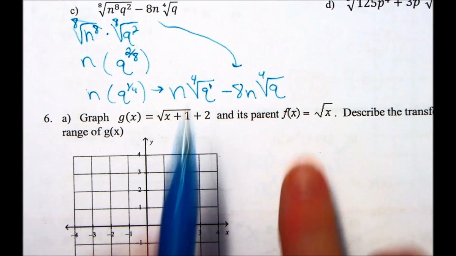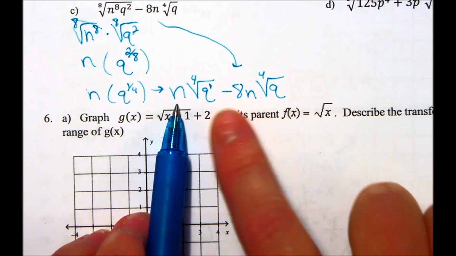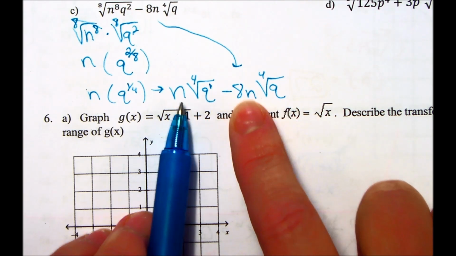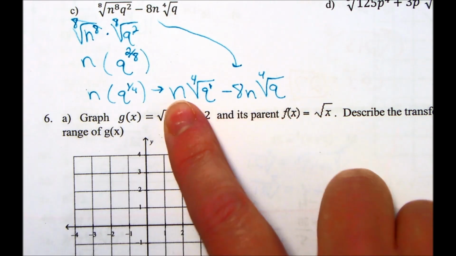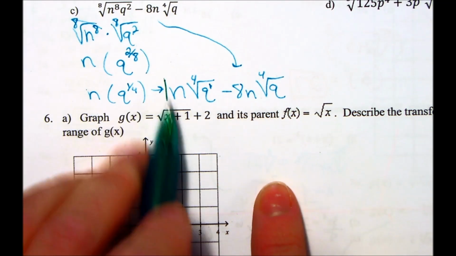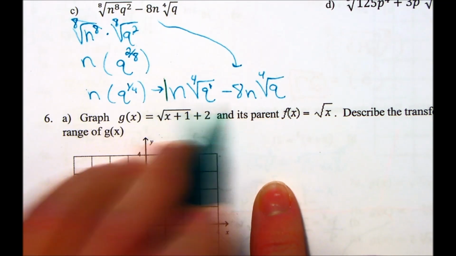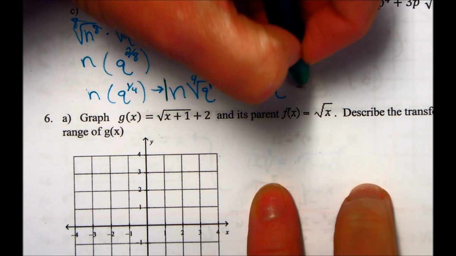All right, so let's look at what we have now. We have two terms with a fourth root of q in it, and then we have an n and we have a minus 8n. So these are like radicals. This n here basically has a coefficient of 1. So if you have 1n minus 8n, you're going to get a negative 7n.